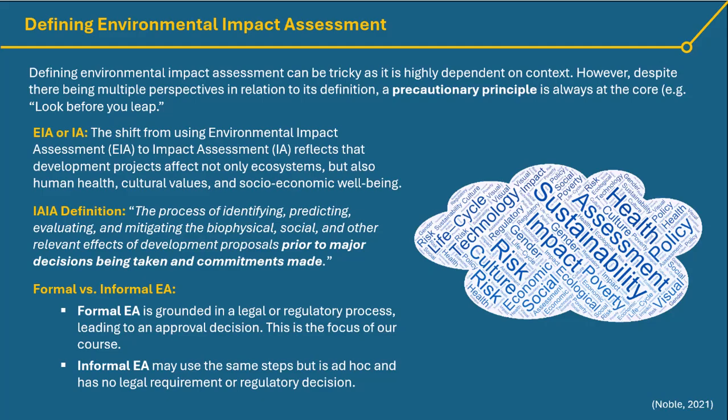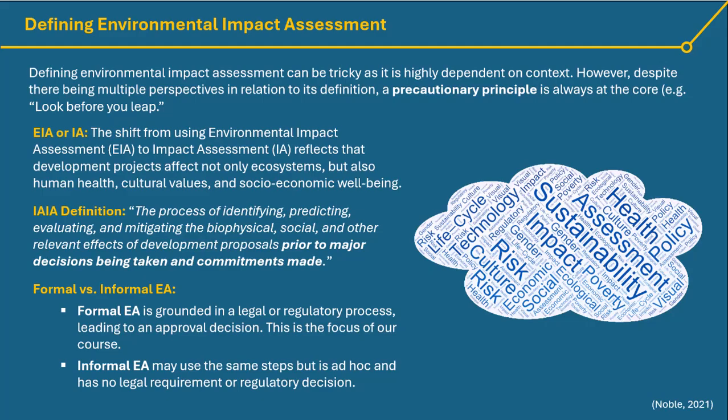I like this definition by the IAIA because it's not just about identifying problems, it's also about predicting them. It's about figuring out how significant they are, and it's about proposing ways to avoid or manage those risks, all of which are an important part of the EIA process.